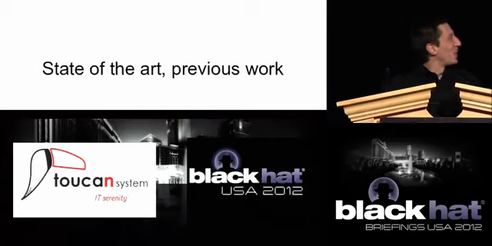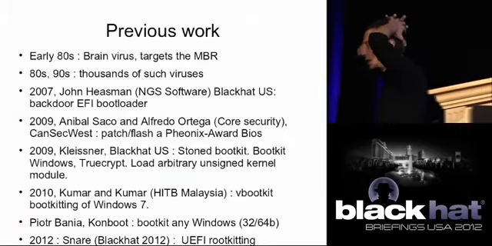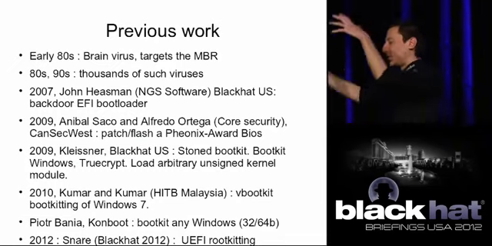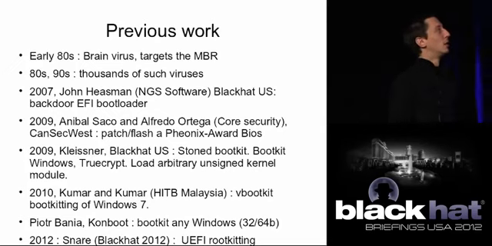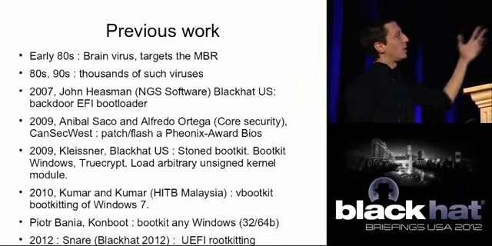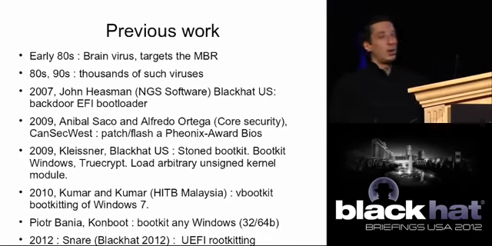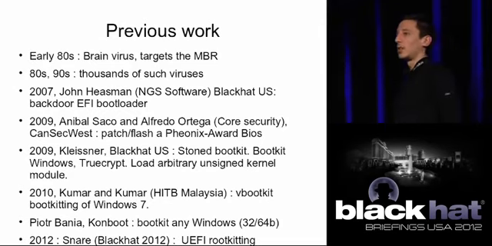So let's talk a bit about the state of the art. The idea of getting early execution is really not new. The first IBM PC virus, Brain, which was allegedly built in Pakistan, was targeting the master boot record. In the 80s and 90s, virtually every virus was acting this way.